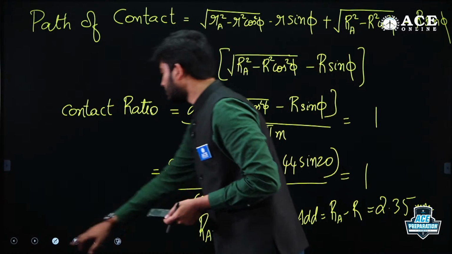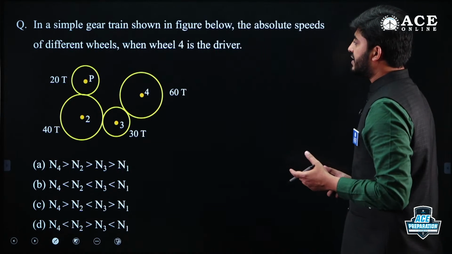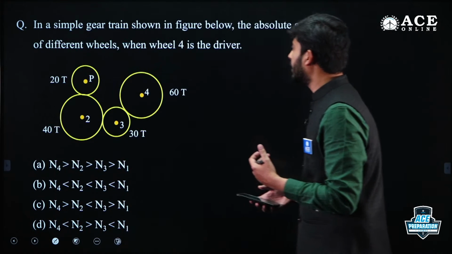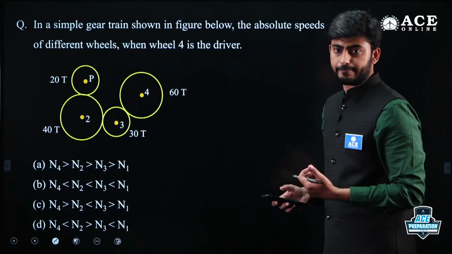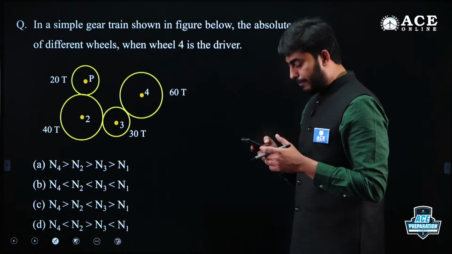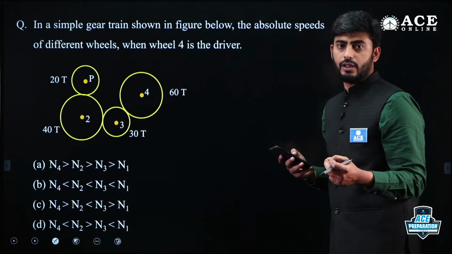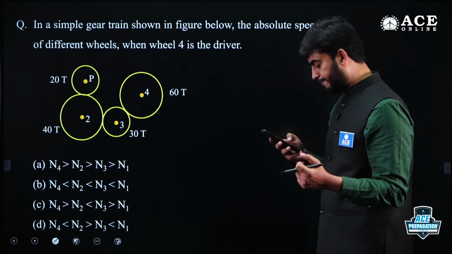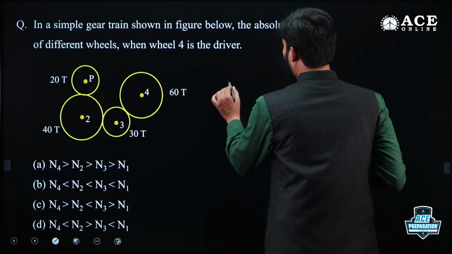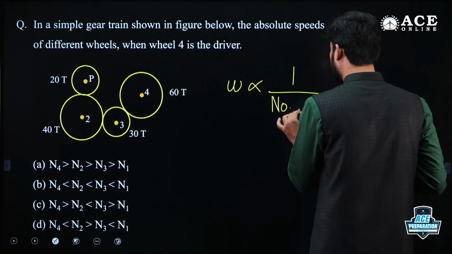Okay. Next question. Yes, guys. In a simple gear train shown in figure, find the absolute speeds of the different wheels when wheel 4 is driver. You are required to relate the speeds here, guys. I believe everybody can do this question within 30 seconds without my help. See, one relation is that omega is inversely proportional to number of teeth.